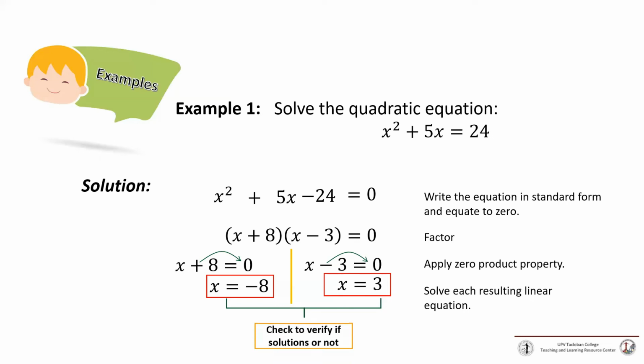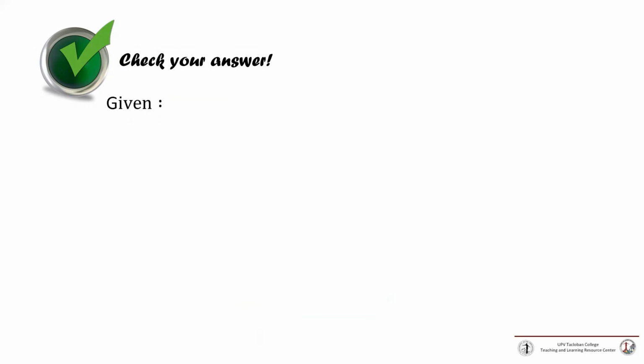Now you have to check to verify if these are solutions or not. We have to check if x is equal to negative 8 satisfies the given equation, and then x is equal to 3. So check your answer. Given x squared plus 5x is equal to 24, we want to test if at x equal to negative 8, it really satisfies the given equation.